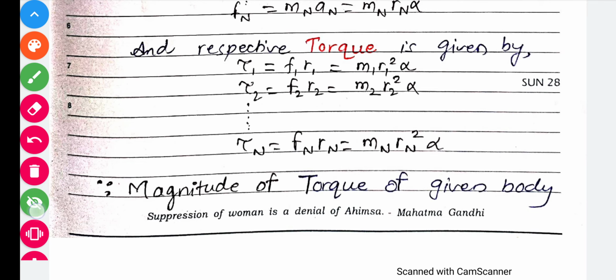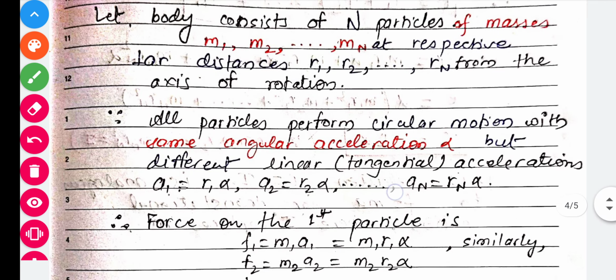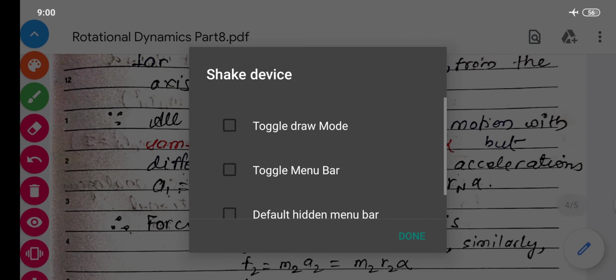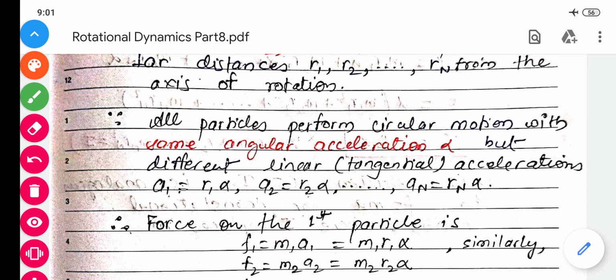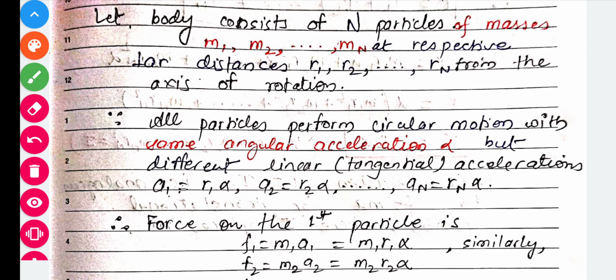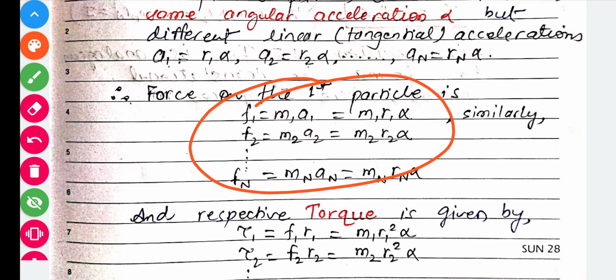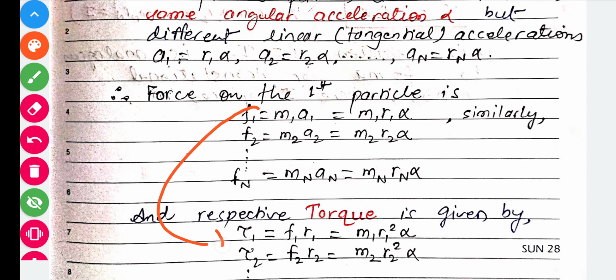So what we have to do is express the masses, the perpendicular distances, the relationship between linear acceleration and angular acceleration, the formula of the force, and the relationship between force and torque, which we have to keep in mind.